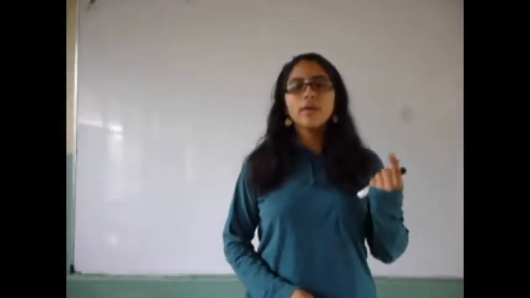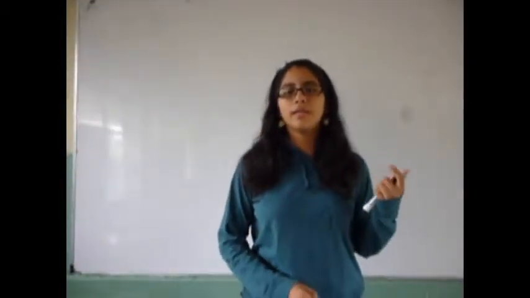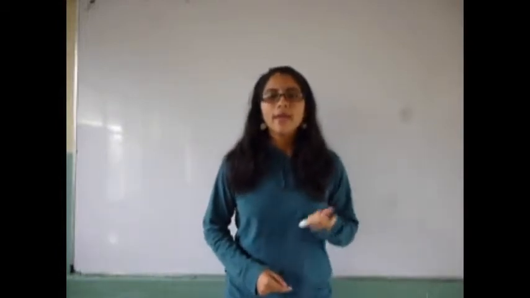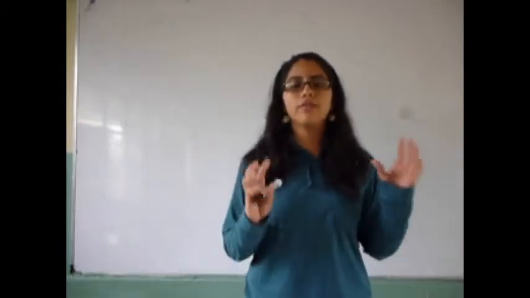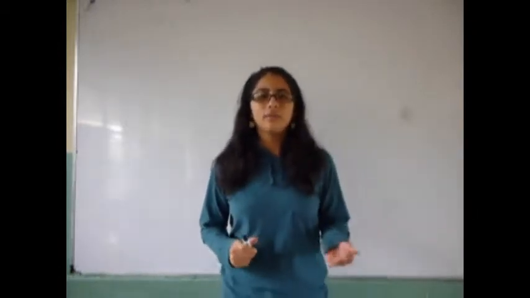In English, we don't say every syllable with the same force or strength. In one word, we accentuate one syllable. We say one syllable very loudly and the other syllables very quietly. For example, let's take 3 words.